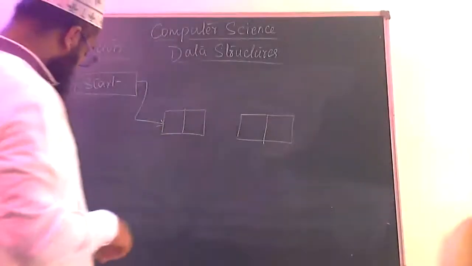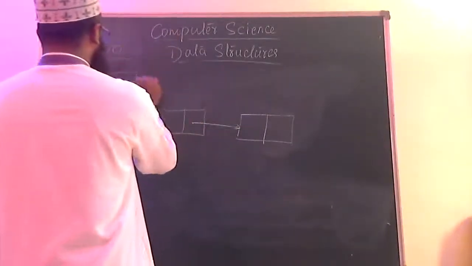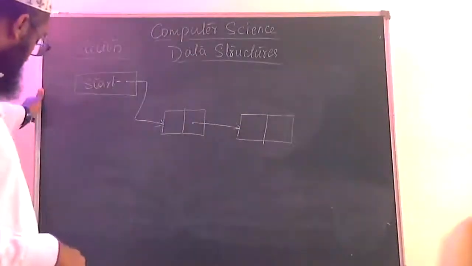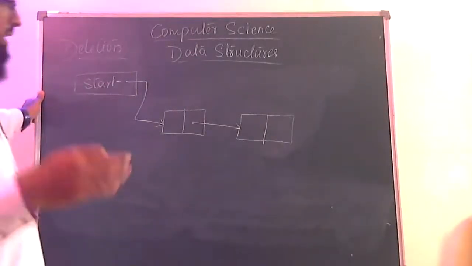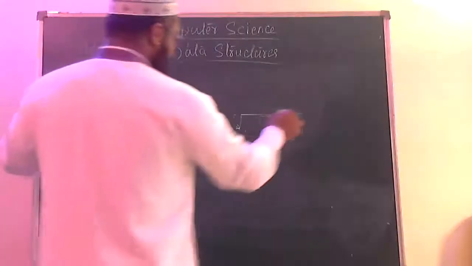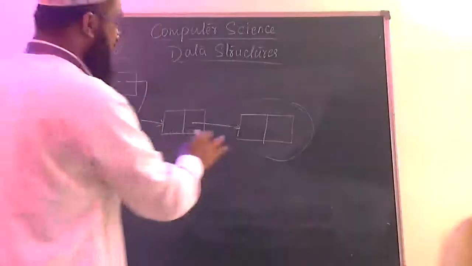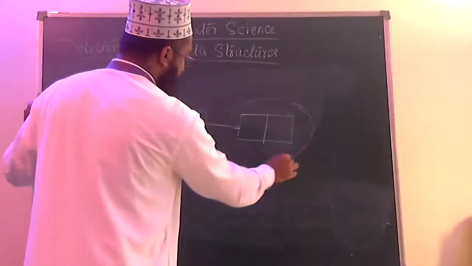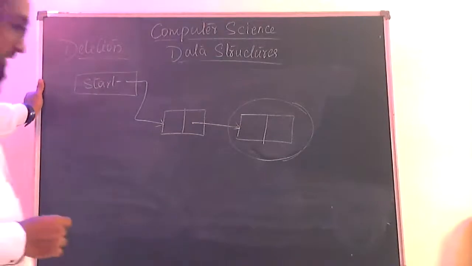Then it is again connected to one more node. If you want to delete a node, then the deletion principle is that the last element which is inserted at last into the stack should be deleted at first.